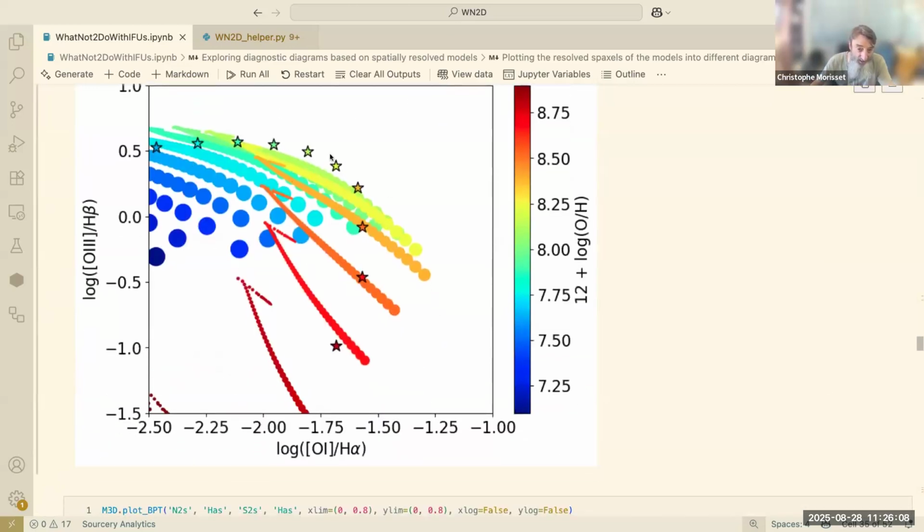So the stars are the integrated ones, but if you are observing spaxel by spaxel, you can go to rather higher values. It doesn't mean that there is something strange happening. It's just that you are observing the low ionization border of the nebula. It's normal.